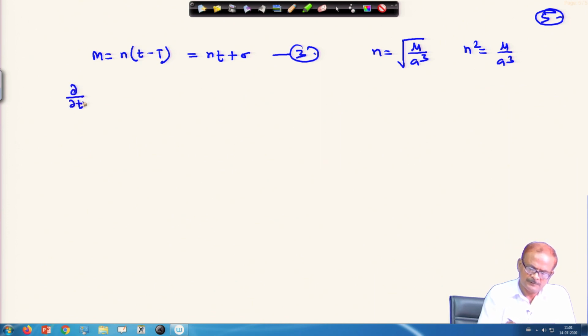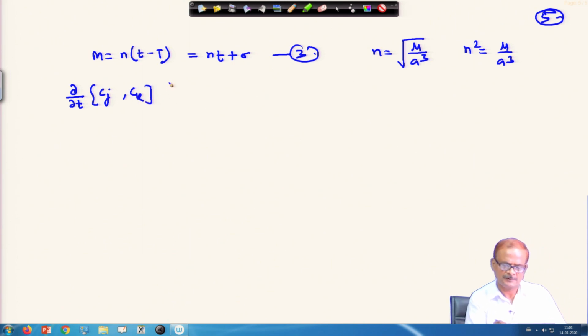So dou by dou t of the bracket c j c k, or c i c j, whatever term we have used. This quantity we have written perhaps in terms of c j and c k. So we will continue with writing this. This quantity is going to 0, and what does this mean?